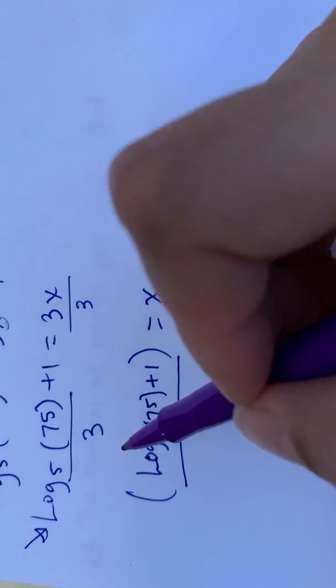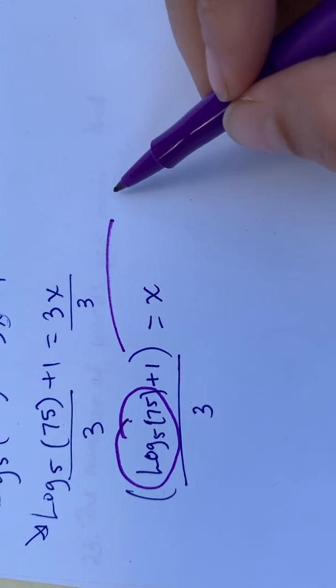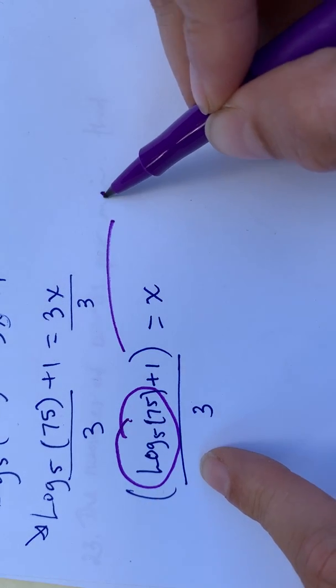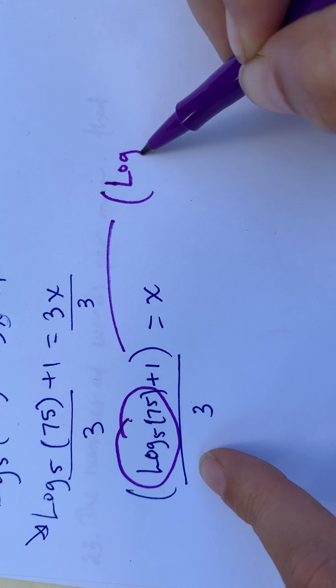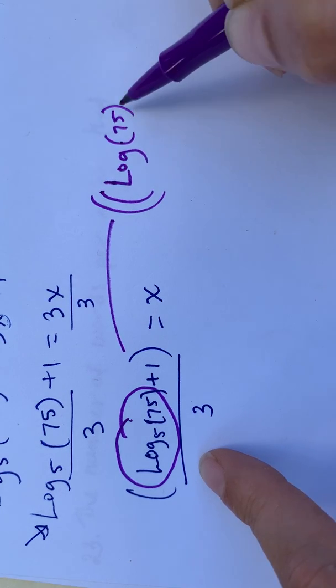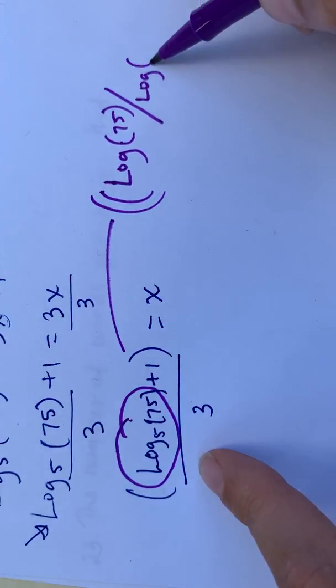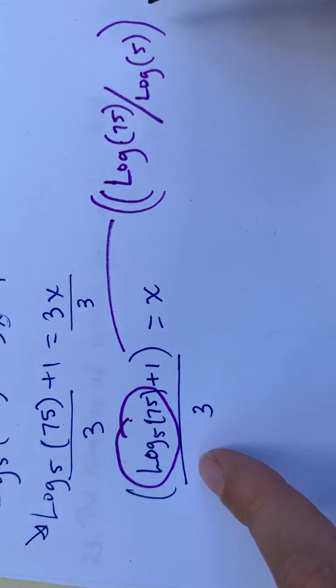So you need to use what we call our change of base formula here. So what does that look like? Well, if we were to put this whole thing in the calculator, it'd be open parenthesis, log of 75 divided by log of 5. That's your change of base formula. Plus 1, close that parenthesis.